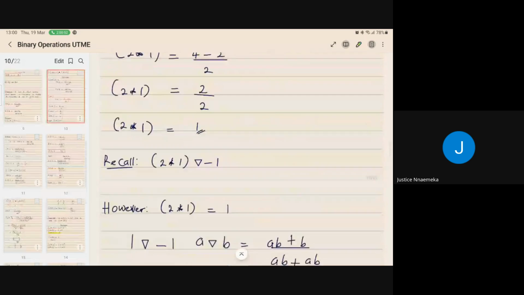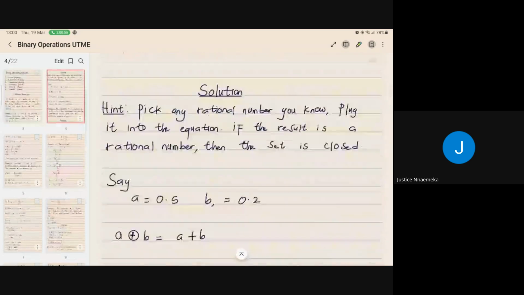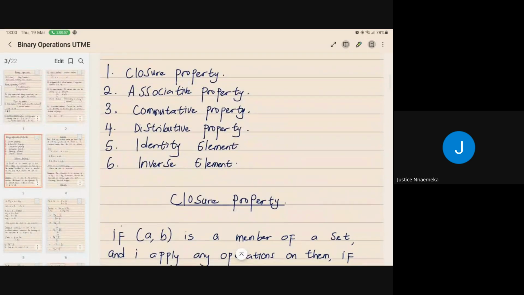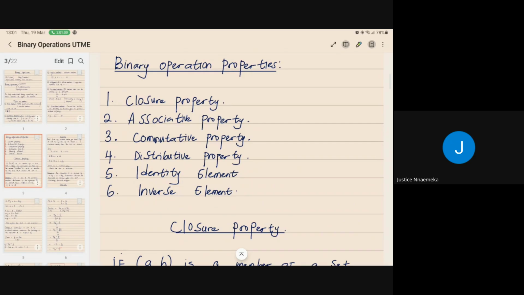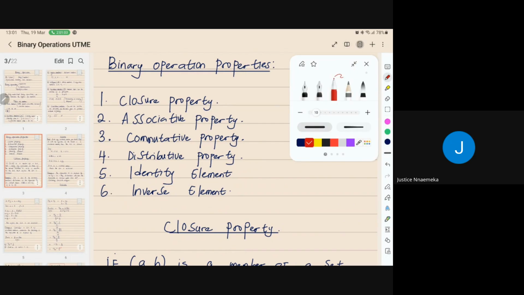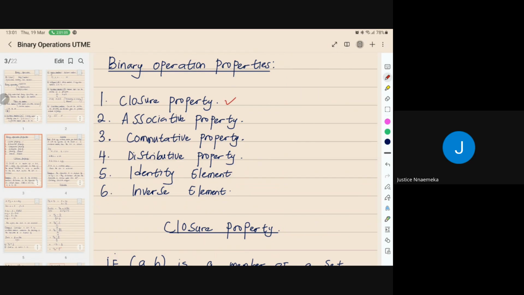Today we introduced the commutative property. The next class, like I said, I will look at the associative property, distributive property, then identity elements and inverse elements. These two shouldn't take us more than 15 minutes. This one can take up to 20 to 40 minutes solving questions on it and solving past papers.